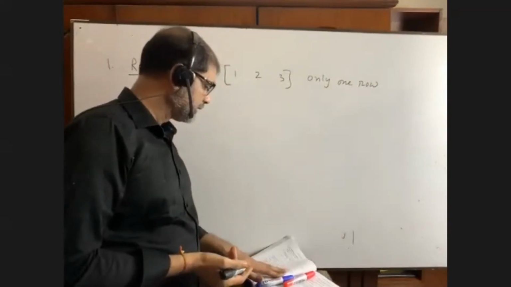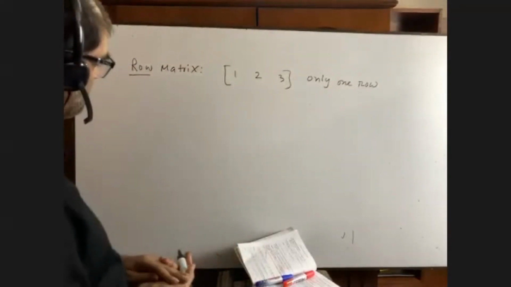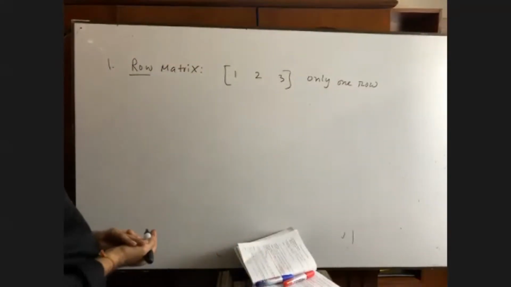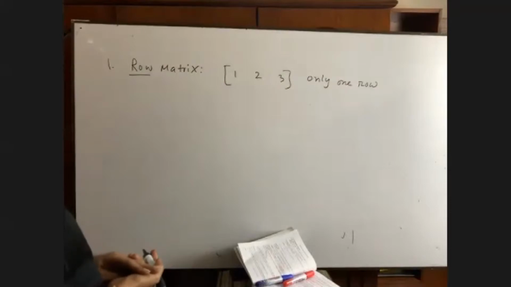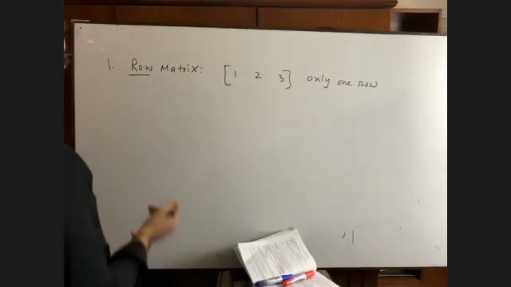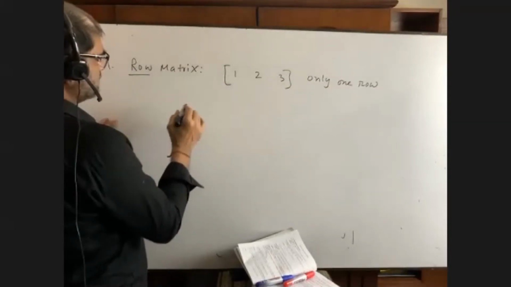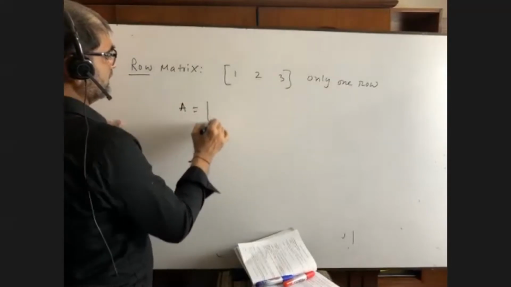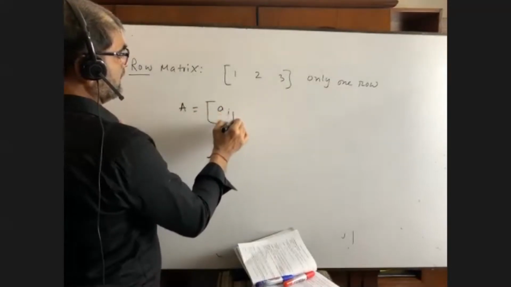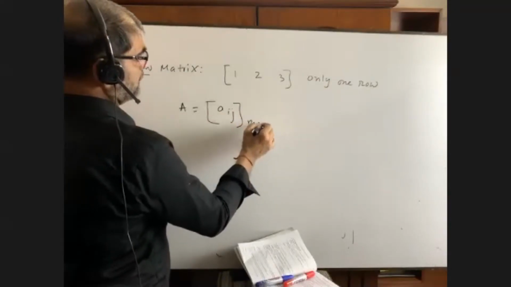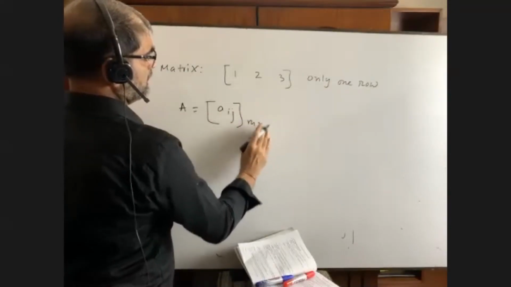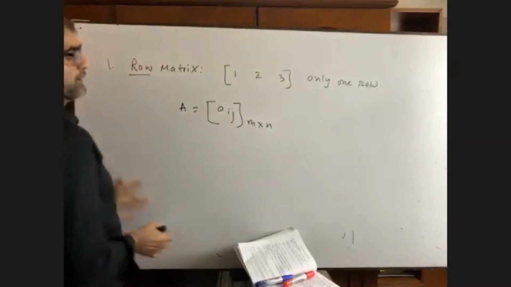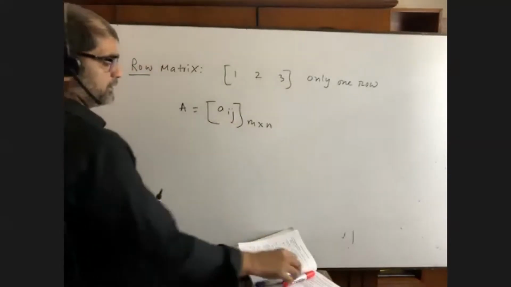If you have any question, you can talk to me. Actually, what we understand by matrix, we understand by matrix A, i j, right? M into N. Please talk to me. Here M means what?